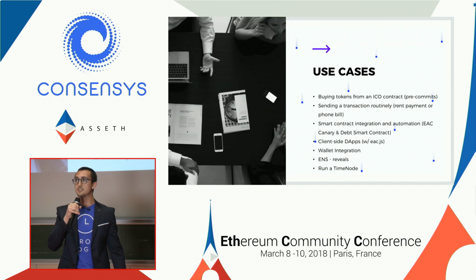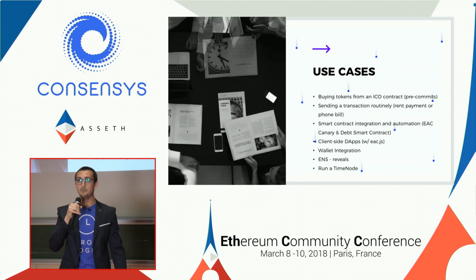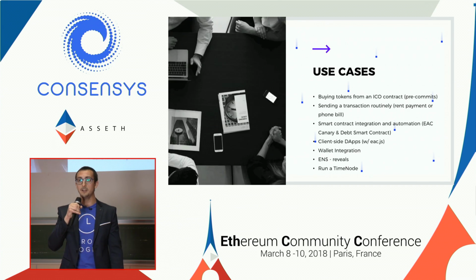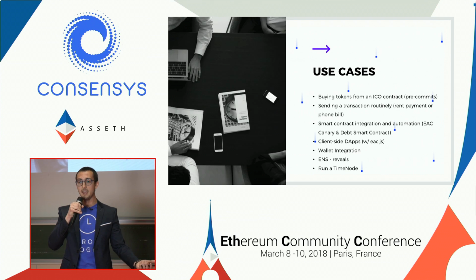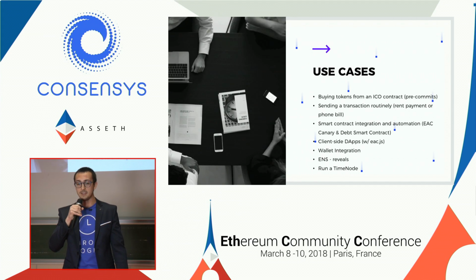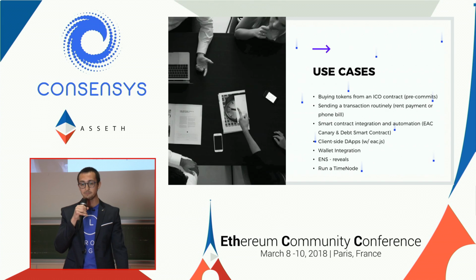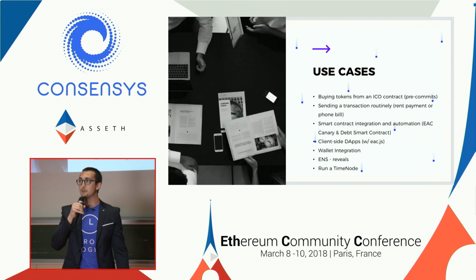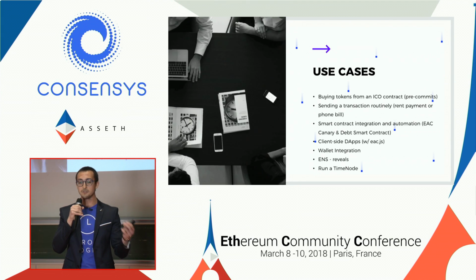So I'll go into just a few use cases here. The first one, of course, being buying tokens from an ICO. If you're in a different time zone from when the ICO launches and you don't want to stay up until 4 a.m. at night, you can schedule the transaction, it'll buy the tokens for you, and you can transfer those tokens out. Any kind of routine call can be scheduled using this.